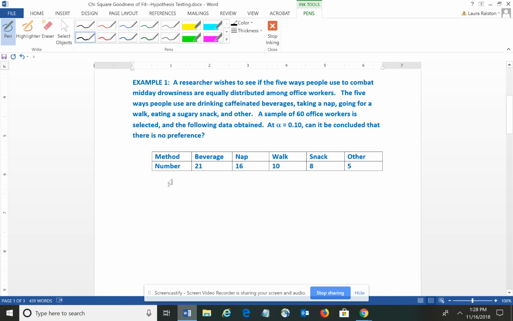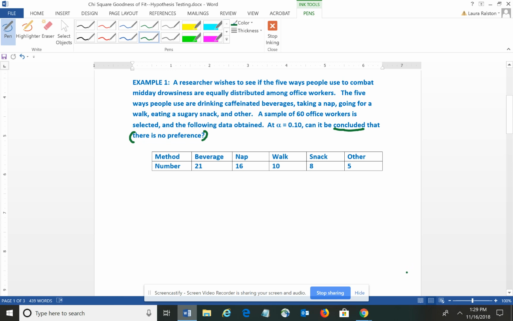Okay, so when you're trying to identify the hypothesis for any hypothesis test, not just chi-squared, you want to look for keywords like conclude, believe, think, want to know. And typically the phrase after that keyword is going to be your hypothesis. So in this case, I see the keyword concluded near the end of the problem, and it says there is no preference.